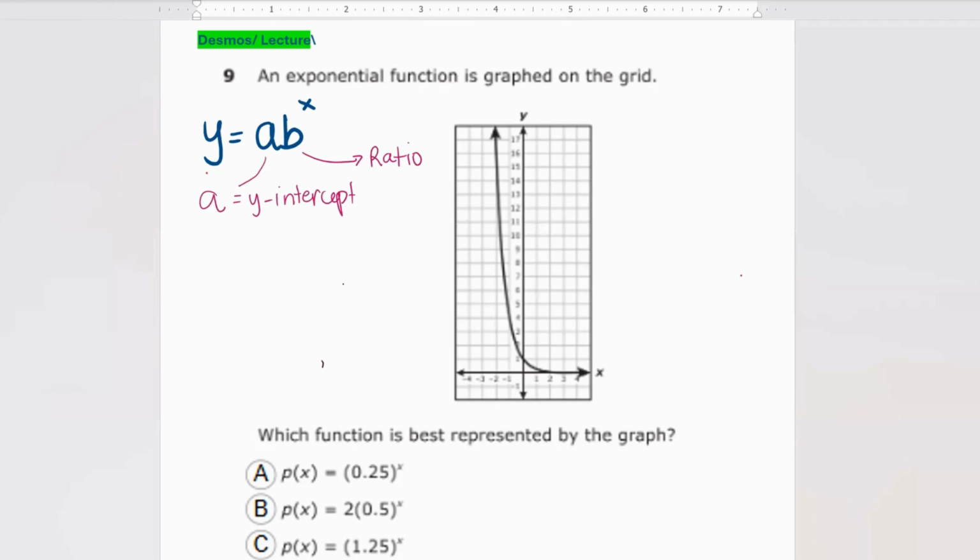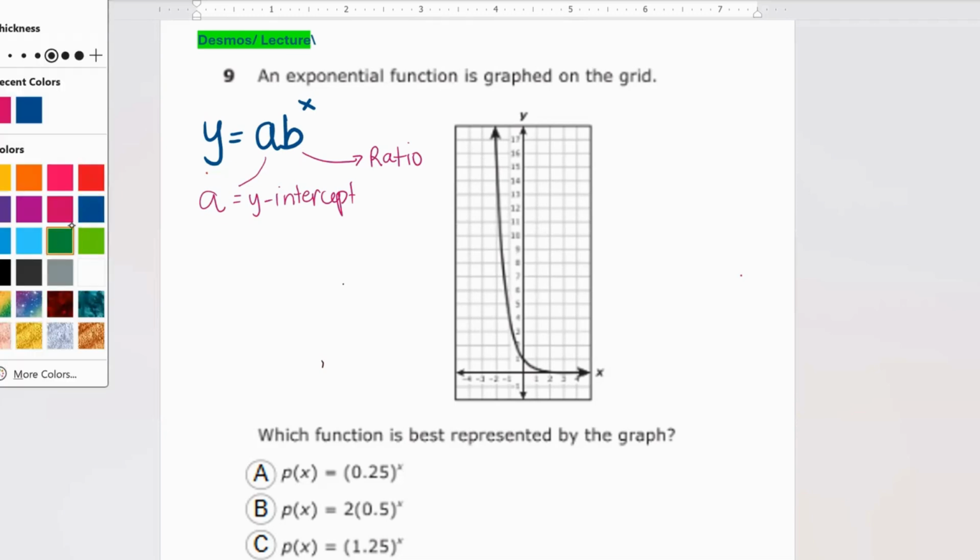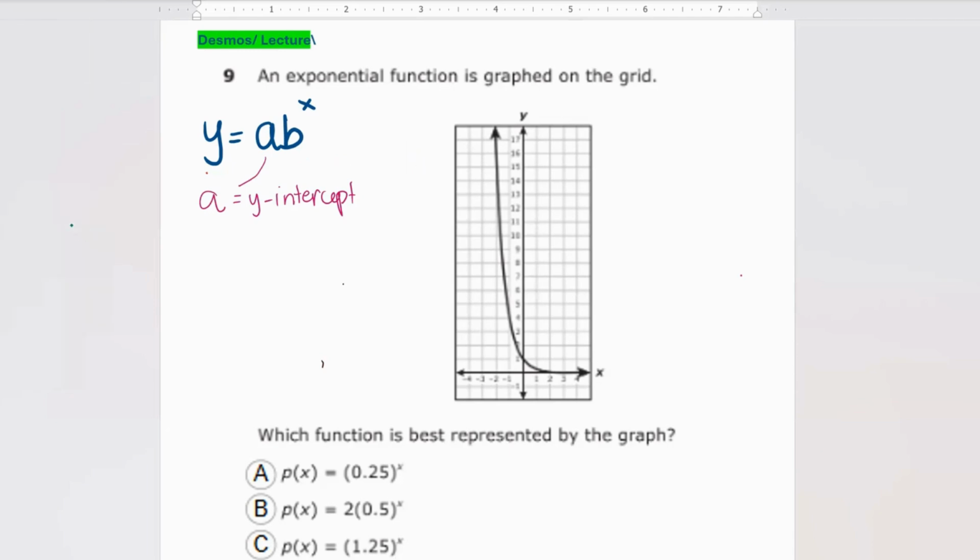Let's change the color here. Green. For b, this is the ratio, or the rate. If b is greater than 1, this is growth or increasing.